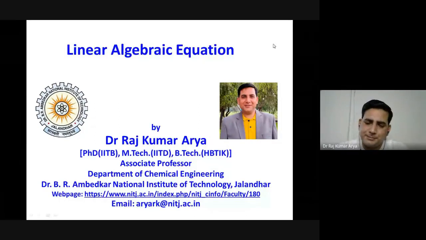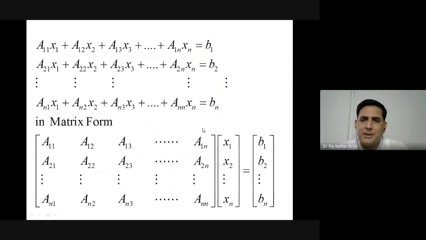Okay. So in this case, let's say you have some equations. You have n number of these equations with n number of unknowns. So here you see unknowns are x1, x2, x3, and keep on going till xn. So these are your number of unknowns actually.